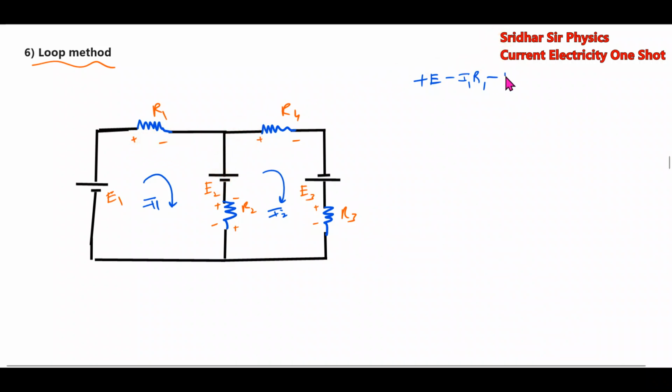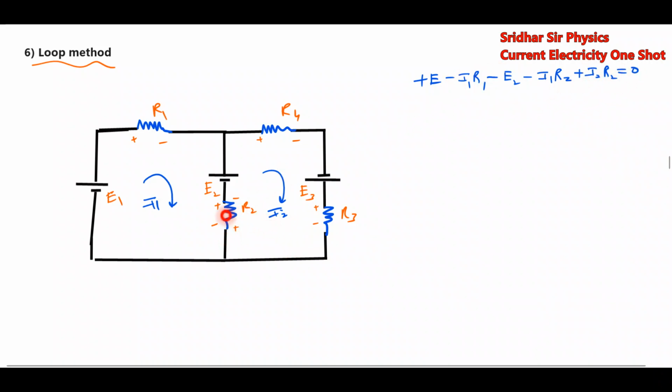Minus C2, minus I1 R2, plus I2 R2 equal to 0. So the loop traverse is plus C1 minus I1 R1 minus C2 minus I1 R2. With respect to this loop current you're moving from higher to lower potential, and with respect to the other loop current you're moving from low to higher potential, a rise, so plus I2 R2 equal to 0.